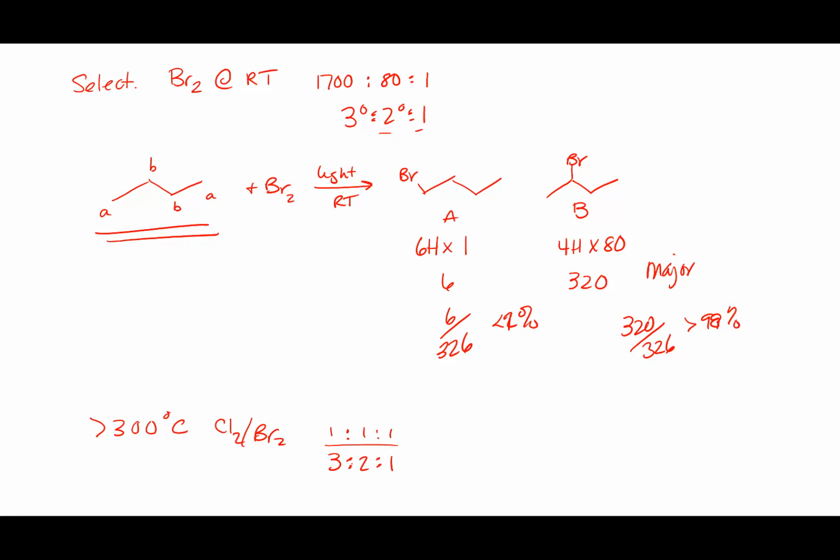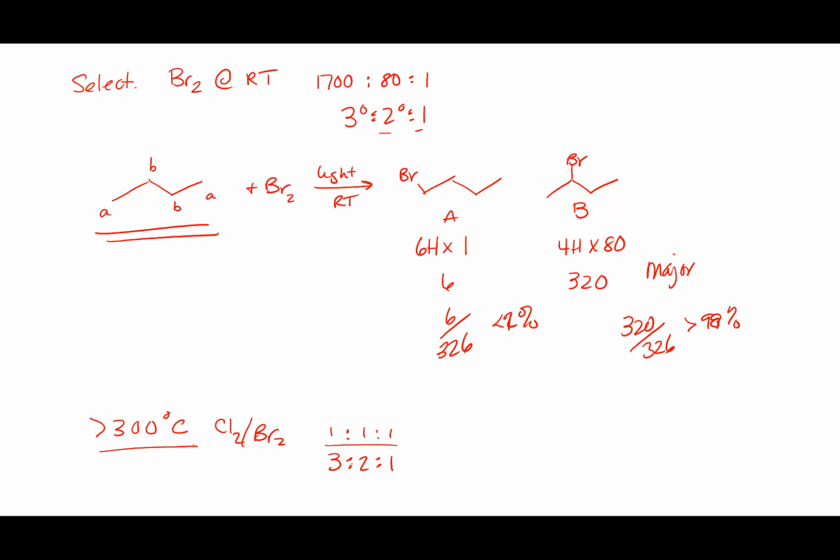So when you go up to 300 degrees Celsius, there is no selectivity. You form a tertiary radical as fast as you form a primary radical, or nearly as fast.